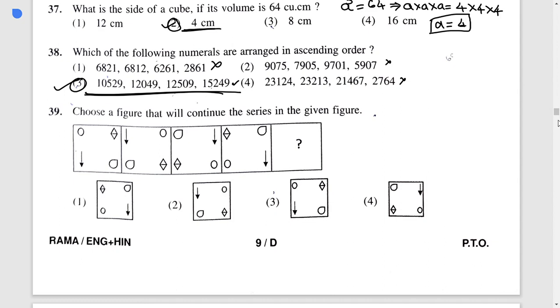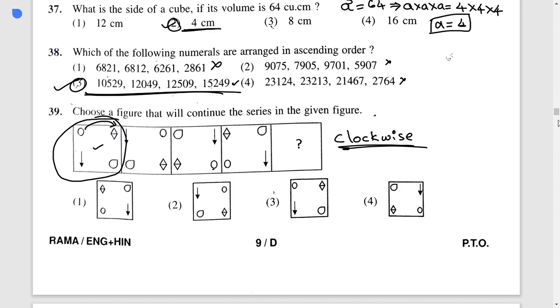So, each thing is moving in a clockwise direction. So, first it comes here. Afterwards it goes here. Again afterwards it will come to the same place. So you have to choose the same figure.